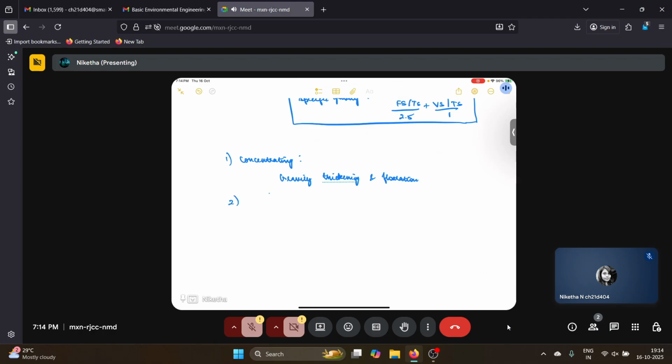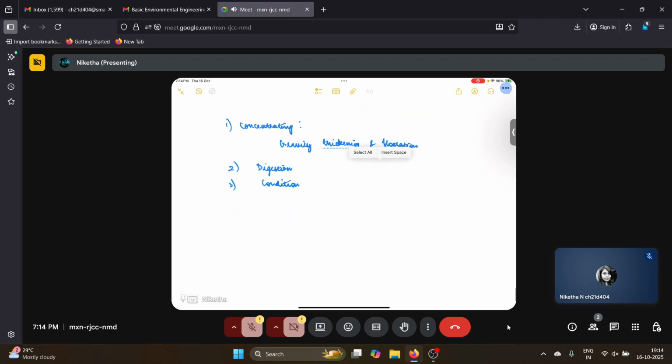And after concentration, we have to digest the sludge using microbes. And then after digestion, we have to do conditioning to remove excess water. And then this is followed by dewatering. And then oxidation.